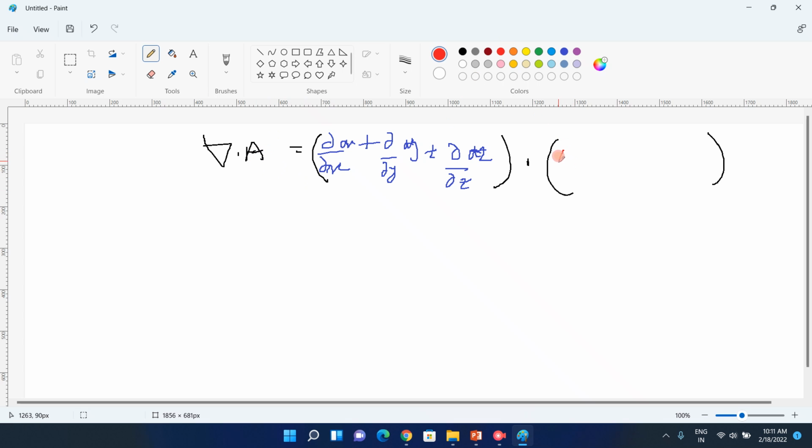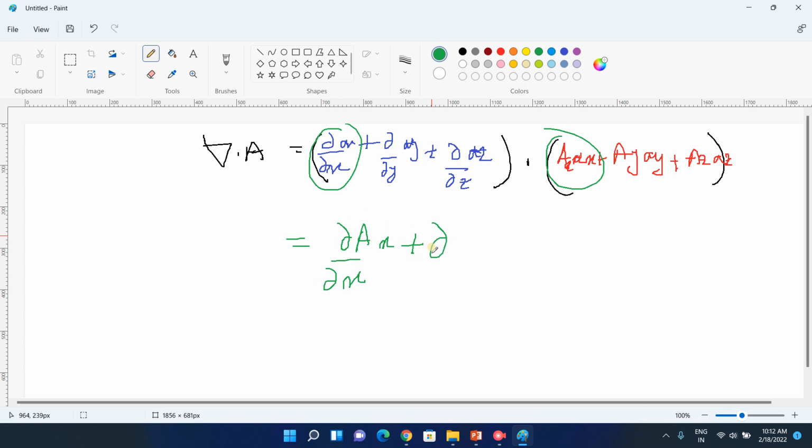This we know. But A is a vector, so it has vector coordinates: ax unit vector x plus ay unit vector y plus az unit vector z. Now if you perform the dot product, we get this dot this: del x ax plus del y ay. This is just a simple dot product, which you have already studied in mathematics in school.